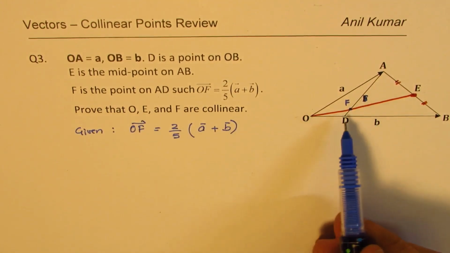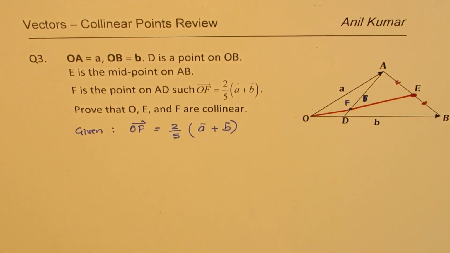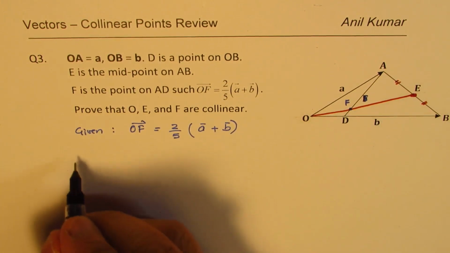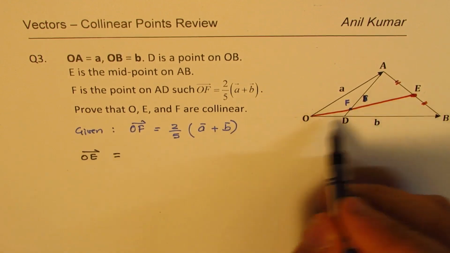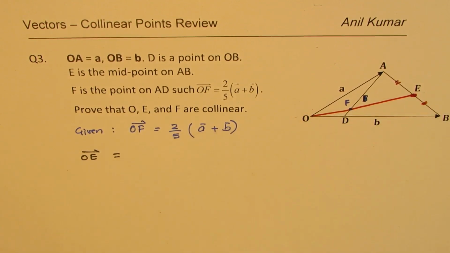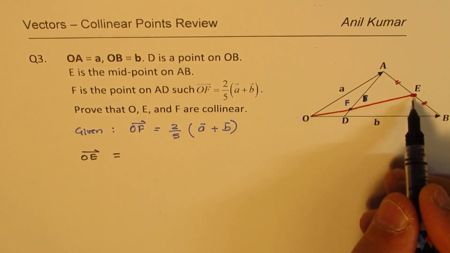Now to show that O, E and F are collinear, we need to only find what OE is. So OE, if you get a scalar multiple of A plus B, you know exactly that it is collinear. Perfect. So let's find what OE is.